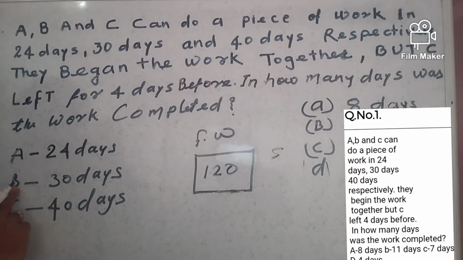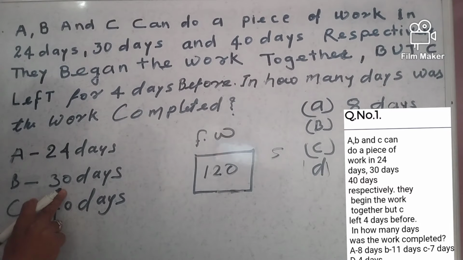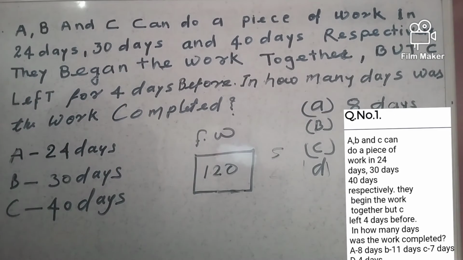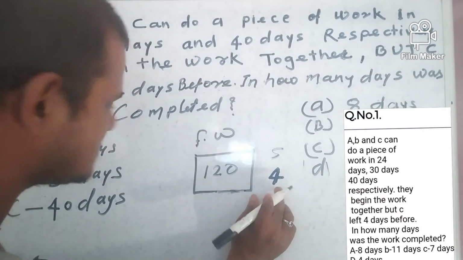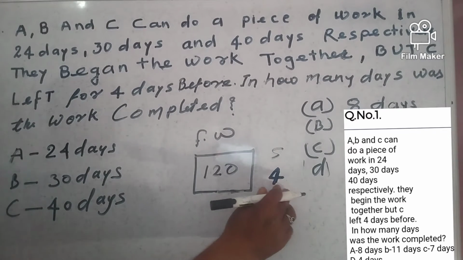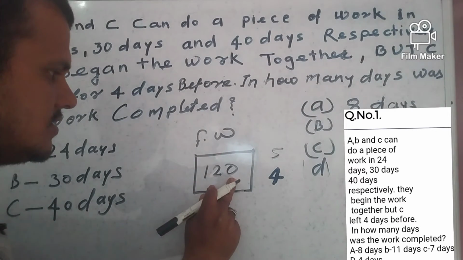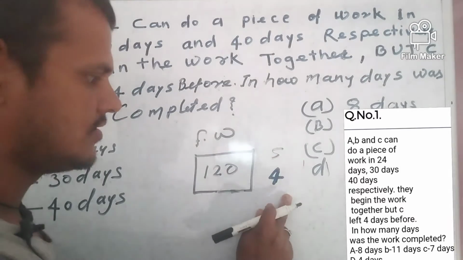Similarly, B does 120 work in 30 days, so his efficiency is 4 work in a single day. He does 4 work per day and completes 120 work in 30 days. So B's efficiency is 4.